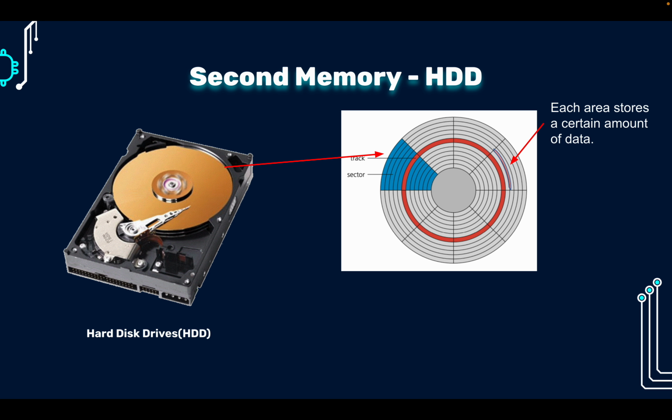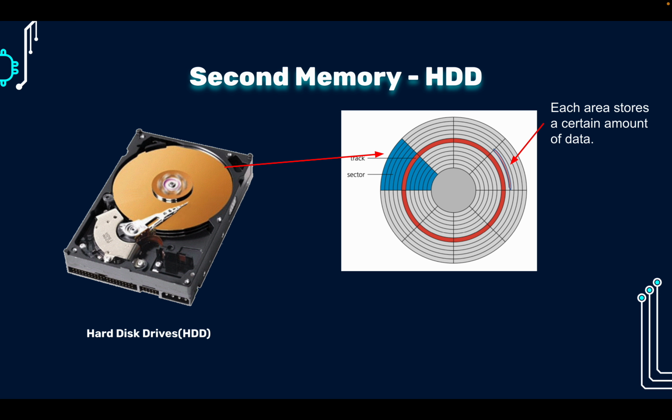Tracks are divided into sectors, with each sector able to store a certain amount of data, which is the smallest unit of the hardware.